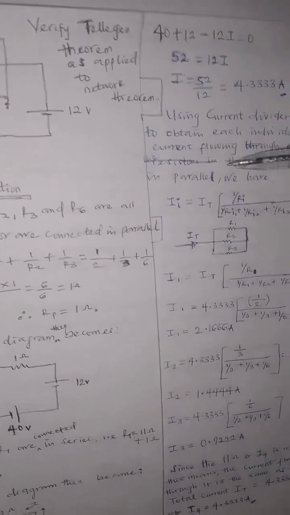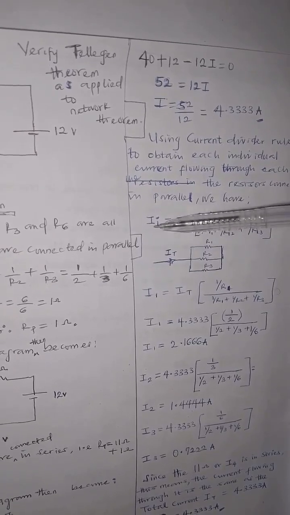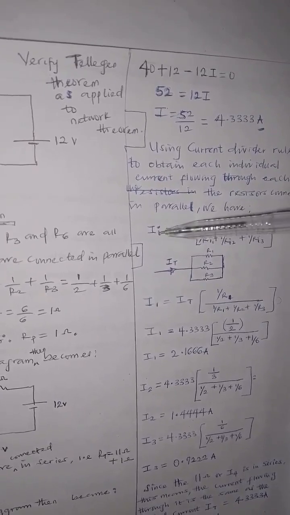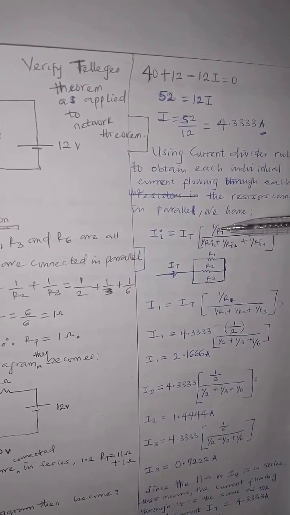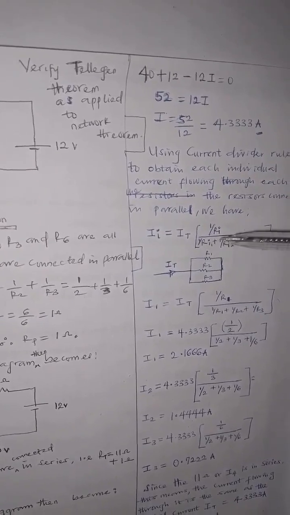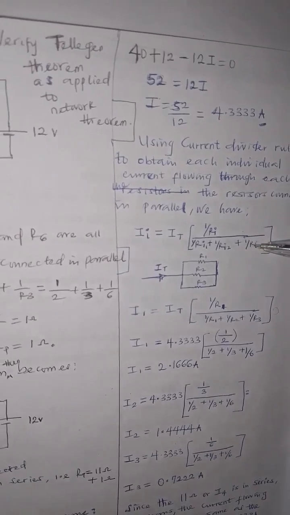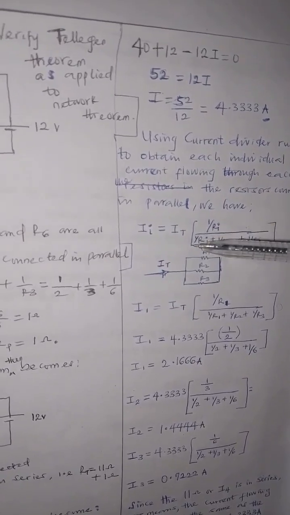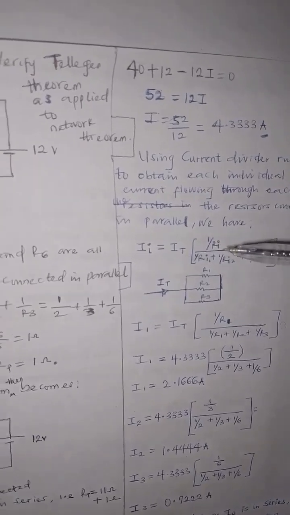The current for each individual, say I2 or I1 you want to calculate, equals the total times 1 over that particular resistor divided by the sum of each one over, because they are all in parallel. If it is for 2, it will simply be R1 over R1 plus R2, but if it's for 3, it's going to be 1 over the individual one.